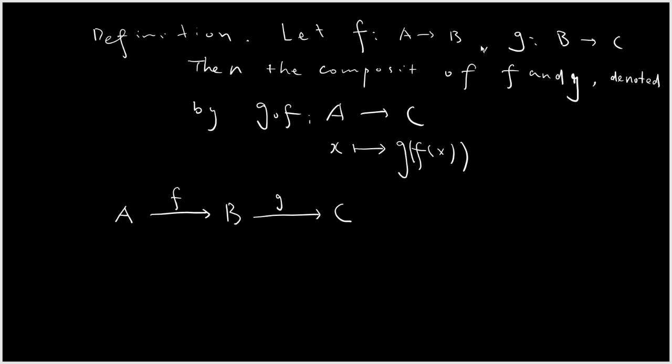For the people who came in late, I will tell you what I'm doing now. Suppose you are given two maps. Map F is from A to B. The domain of F is A. The codomain of F is B. So basically, F will map every element in A to a member in B. Likewise, G is a map from B to C. Then you connect the two, and you have the composition.